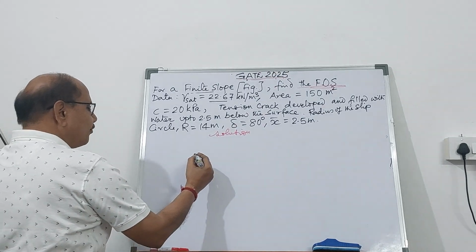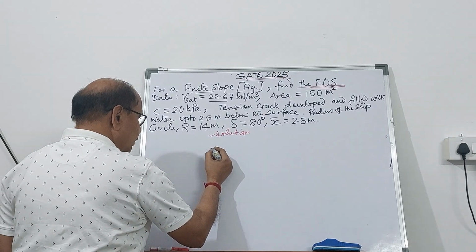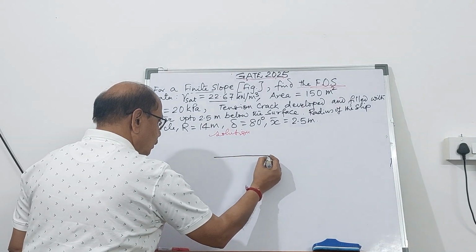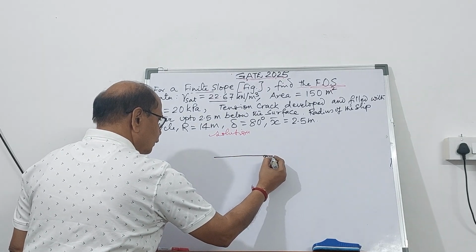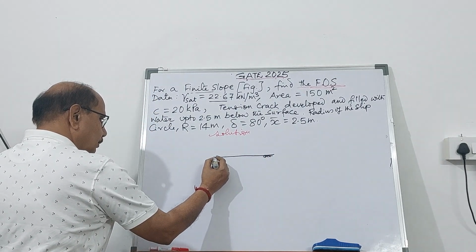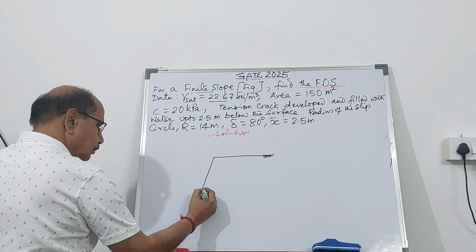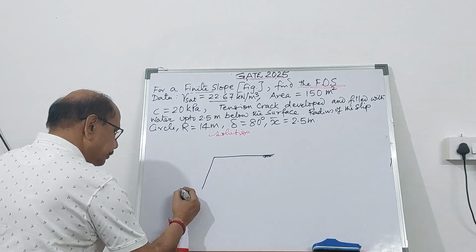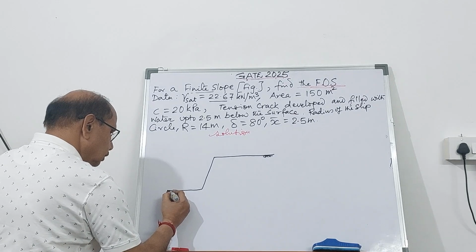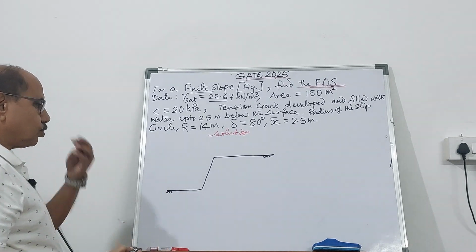So the figure is like this. The slope looks like this. This is the top surface. This is the slope.